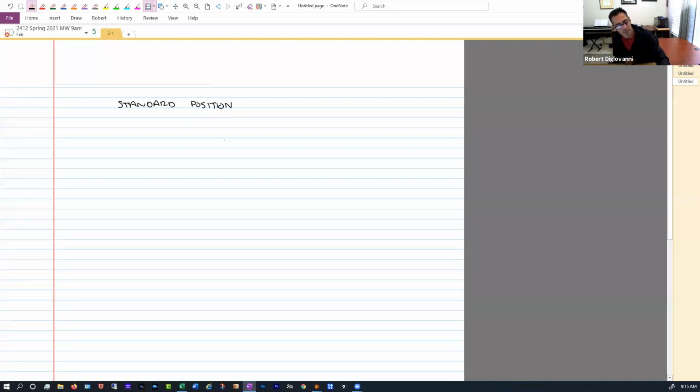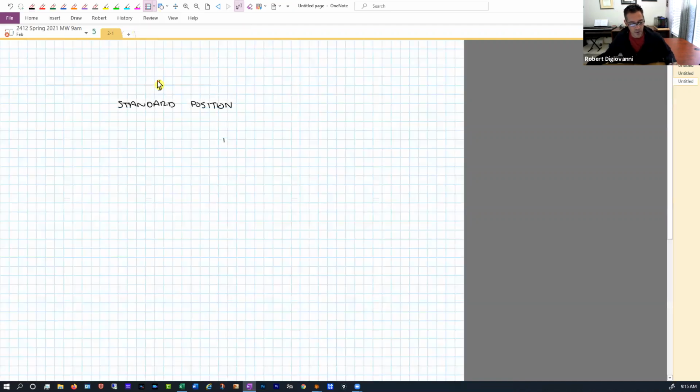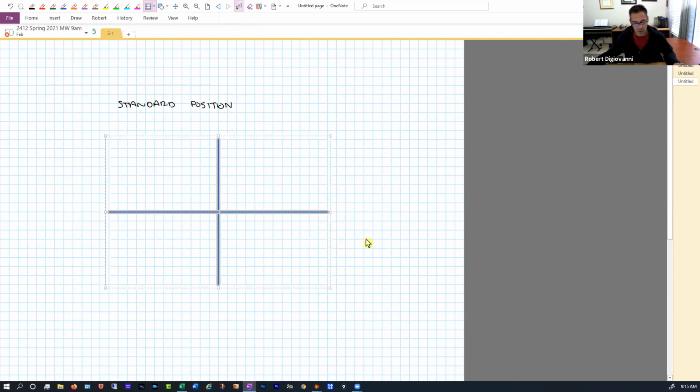So when we've been dealing with two-dimensional space, with graphs and things like in college algebra, we always drew the XY axes, right? So we always said, okay, this is the X and this is the Y. This is the positive direction of X. This is the positive direction of Y. So when we're talking about standard position, here's what it is.